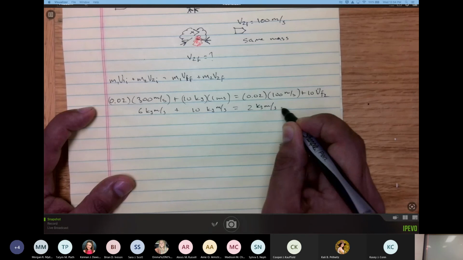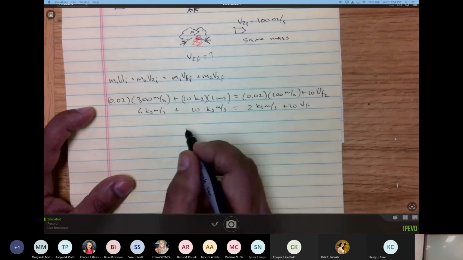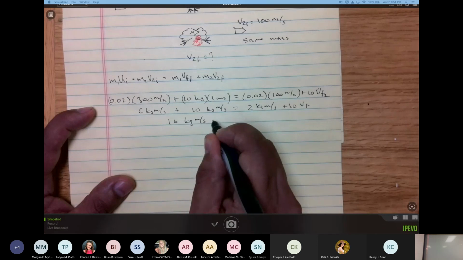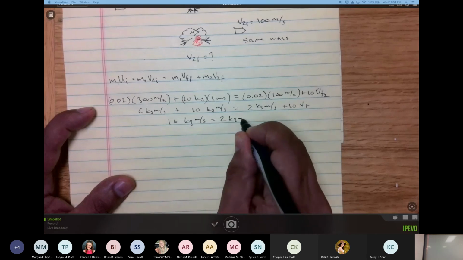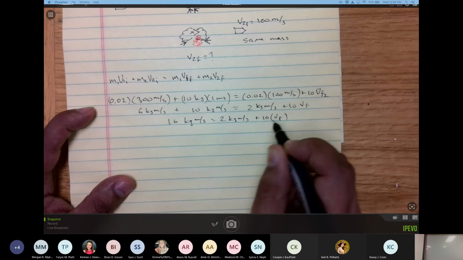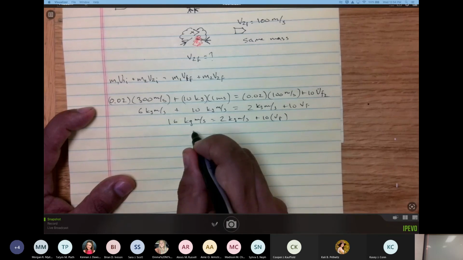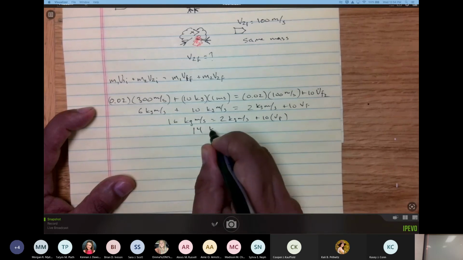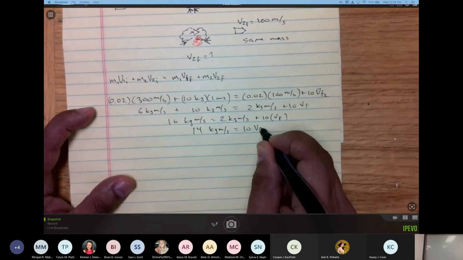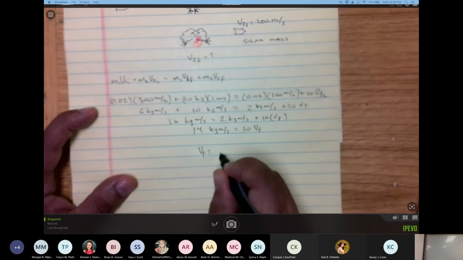So this will give you 16 kilograms per second equals 2 plus this thing. So 14 kilograms per second equals 10 vf, and vf will be 1.4 meters per second.